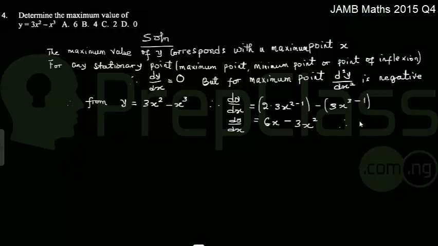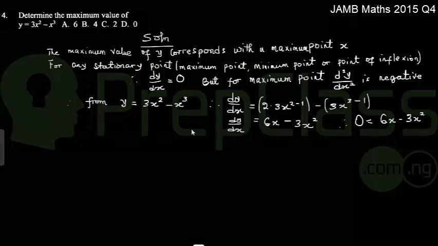So therefore, I could say that this equation becomes 0 equals 6x minus 3x squared. Now solving this quadratic equation, I will therefore have that 6x minus 3x squared should be equal to 0. So this becomes, bringing out, we notice 3 is common, 3 and x, so this should be 3x into bracket 2 minus x to be equal to 0.